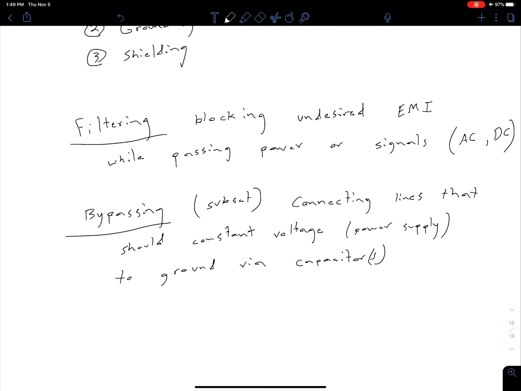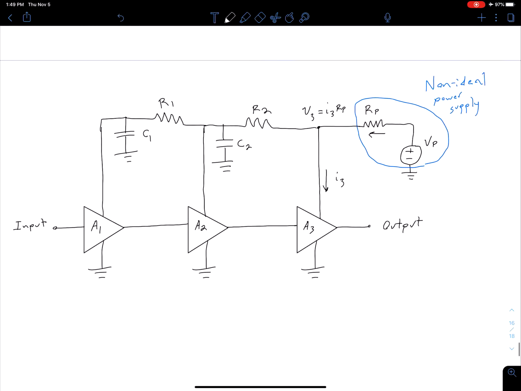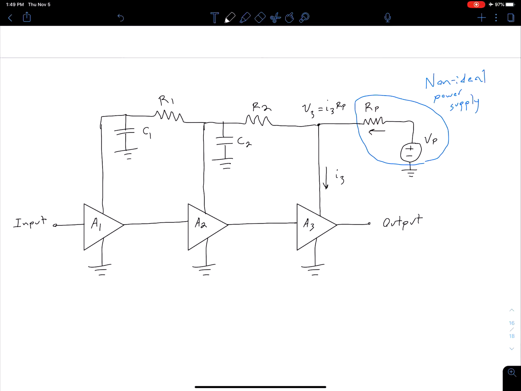With that in mind, let's go back to that circuit that we had looked at in a previous video. Here it is. We had our 3-stage amplifier, and we said this third stage, A3, is some high gain output stage, and we have some non-ideal power supply which has this internal resistance R sub P. We said that if we didn't have this R sub P, it wouldn't be any issue.